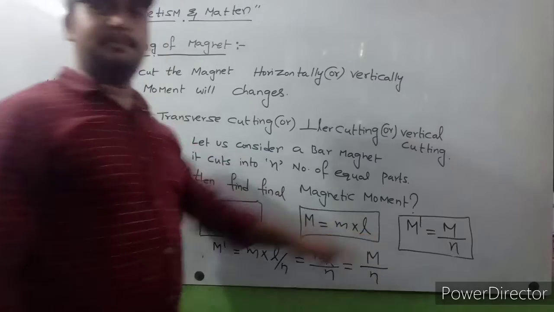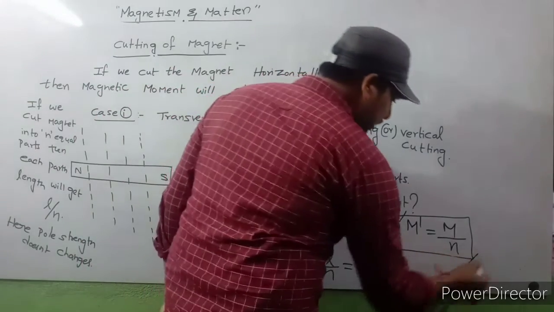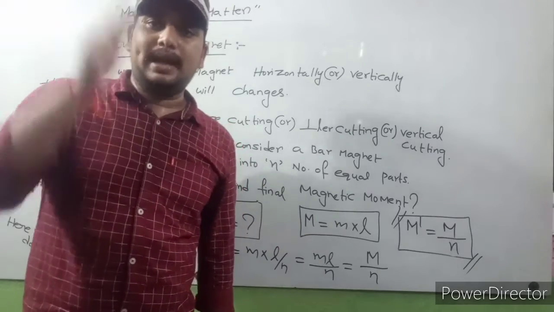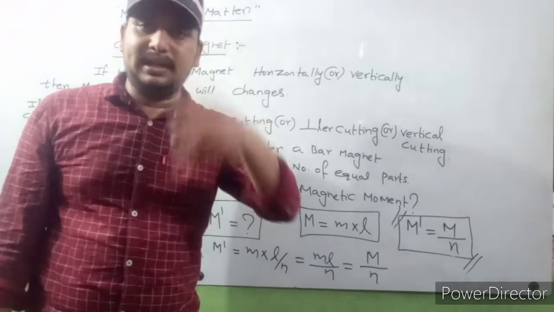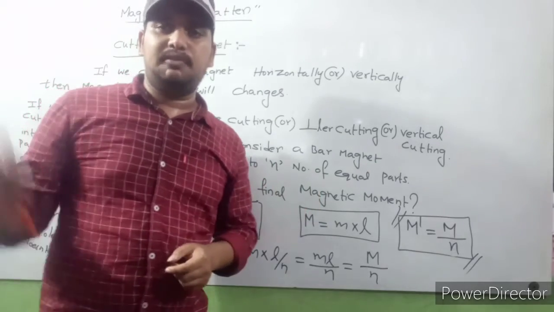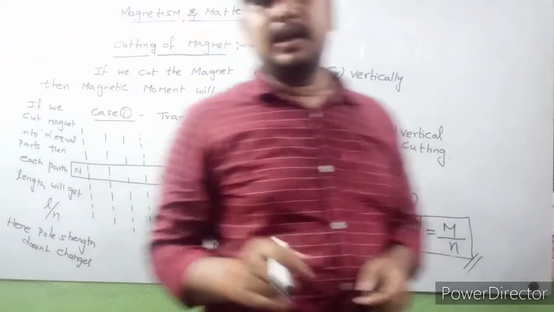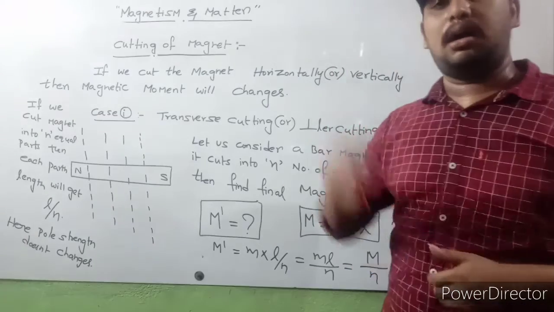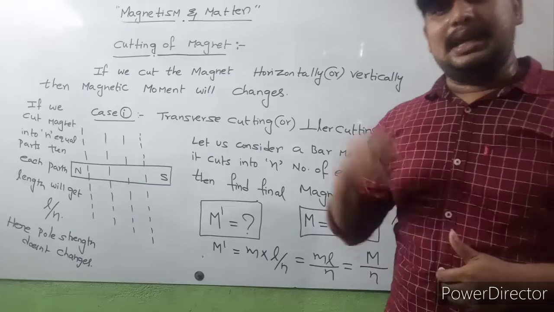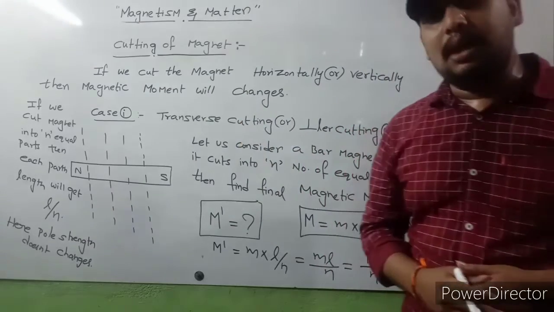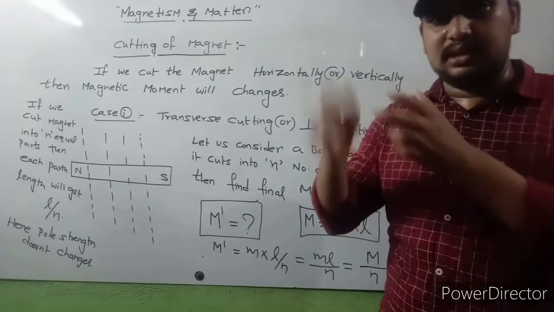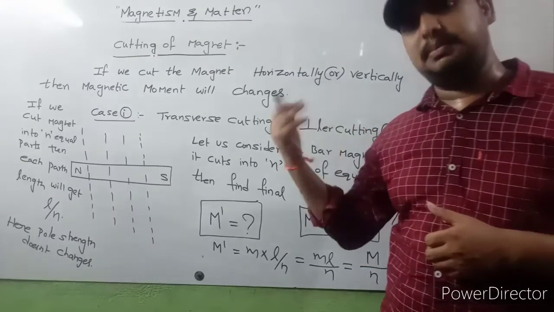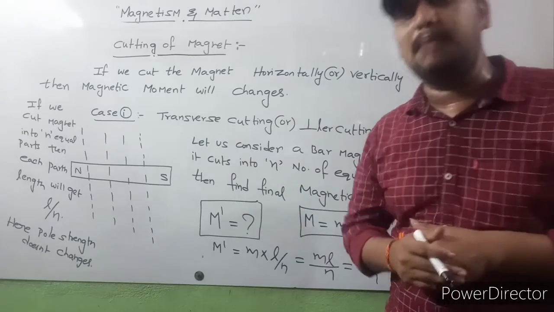So this is a very important formula. If we cut the magnet into n equal parts, that means vertically we are cutting, transverse cutting. If you cut any magnet in transverse manner, that means perpendicularly or vertically, then the length is divided into n equal parts, L by n.